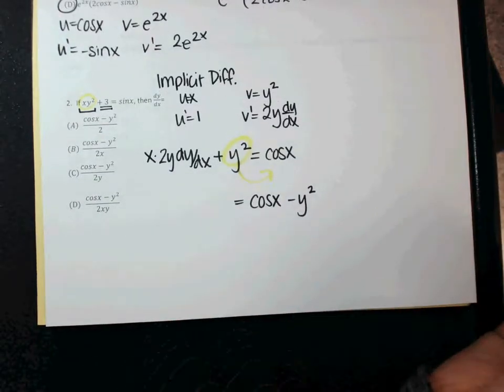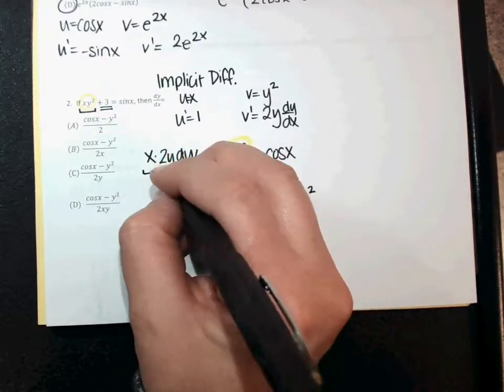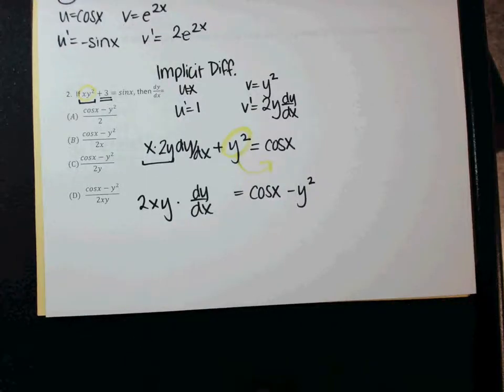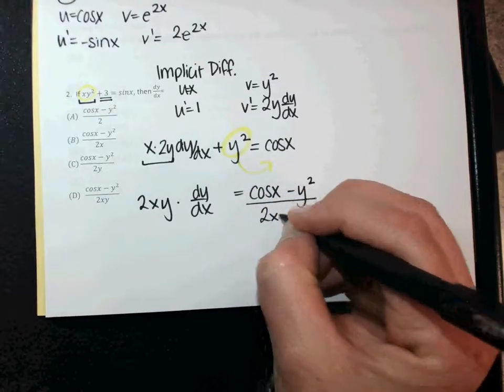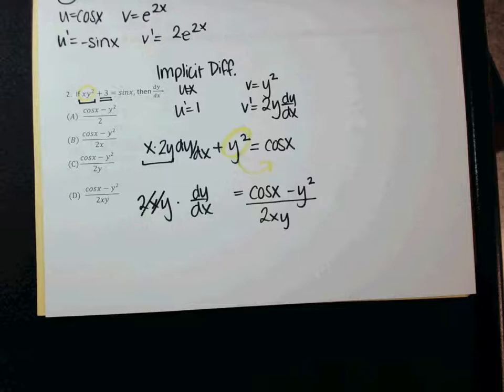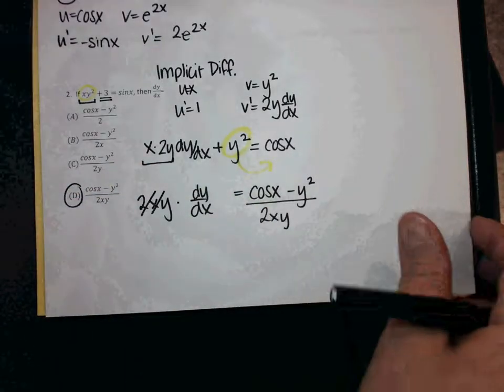And then on this left side, I'm going to keep my dy dx here, but I'm just going to reorder this front term to be a 2xy. And then if those are multiplied, how do I solve? Good, so we'd take our 2xy, divide it to the bottom. Which one would we be looking at? Yep, D. All right, turn the page.